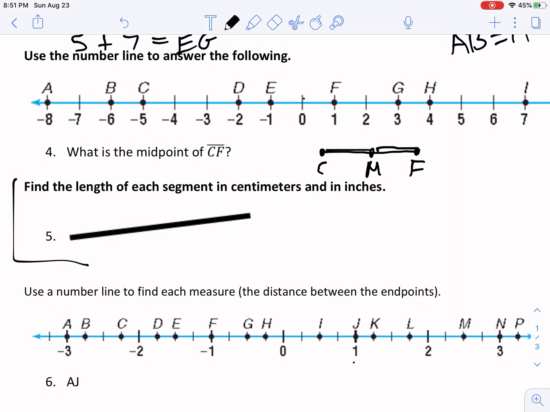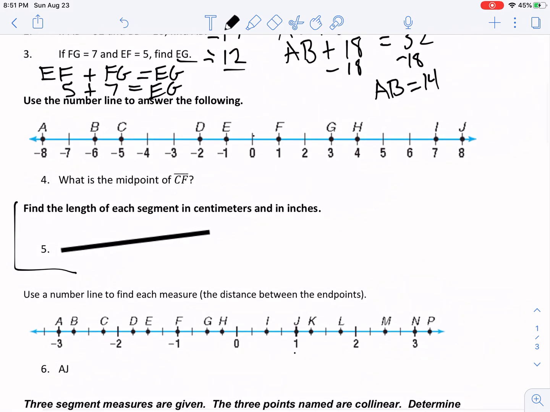That is one way to approach it, but I think the easiest way to approach this is, instead of counting the spaces, using the same idea and thinking of it as finding the average. When you find the average of two things, you're looking for the middle of the two things, okay? Well, let's take C's value, which is -5, and let's take F's value, which is 1, and average them. Add them together, and since there's two of them, divide by 2.